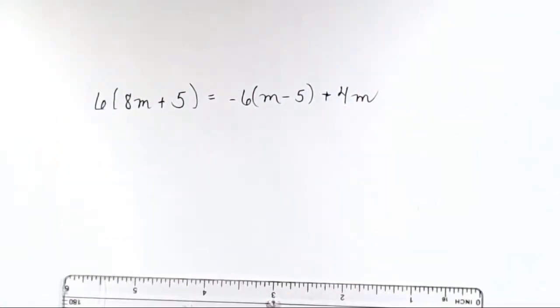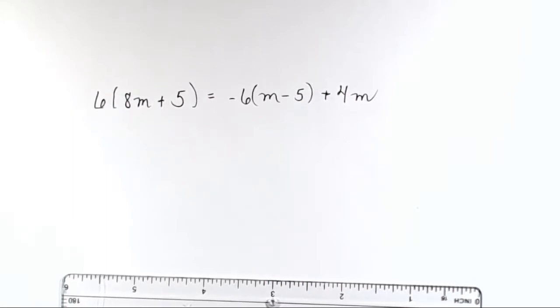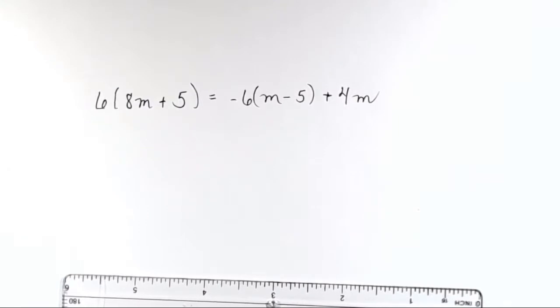All right. It looks scary. It looks like there's a lot going on, but it really is just one more step beyond what we've been talking about in class and what we did in the most recent video. Let's take a look at what the problem is telling us, and then we'll solve it.